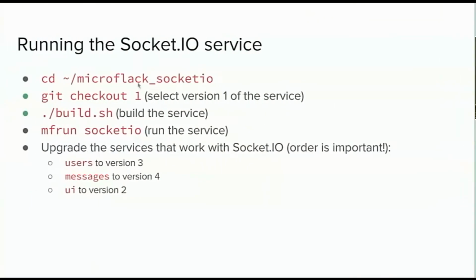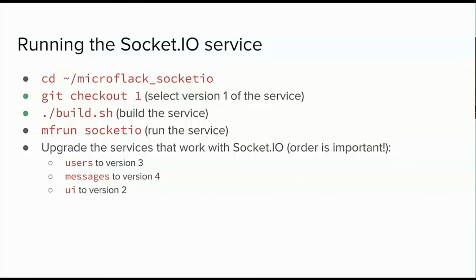You want to make sure that this new service is not used until all the parts in the other services are implemented. You want to make sure that users is able to push updates to the message queue, and that messages is also able to push to the message queue.